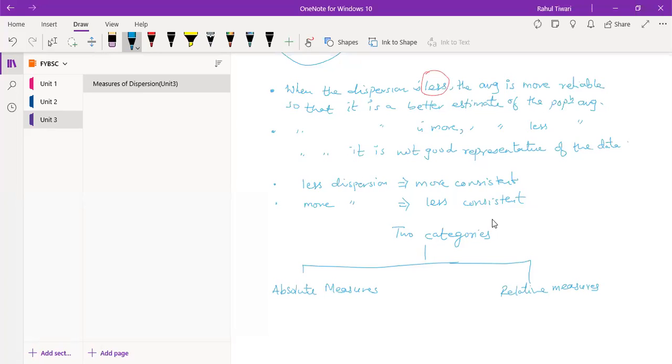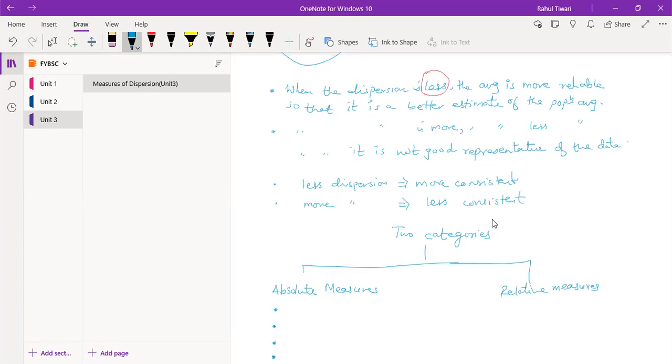In absolute measures, we have certain techniques. You know that mean is called a mathematical average. Similarly, median and mode are called positional averages, right? Similarly, when you have to calculate the absolute measures, what techniques do we have?